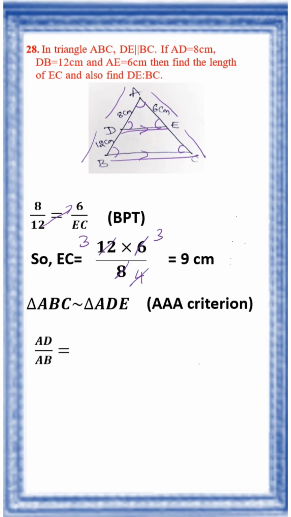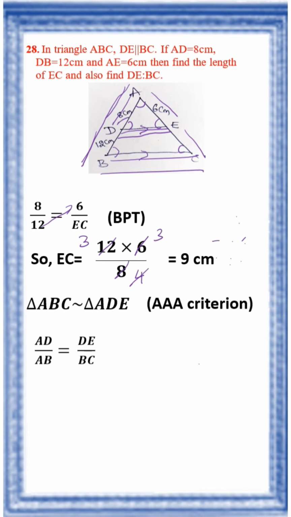So AD by AB is equal to, here be careful, they have asked us to write DE by BC. So AD by AB, full length. AD we know here it is 8 centimeter.